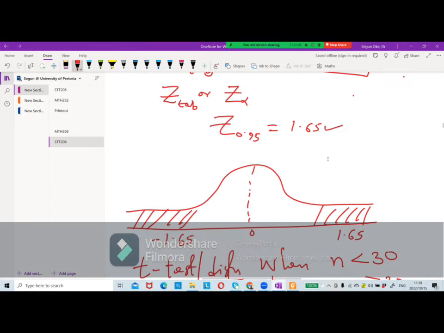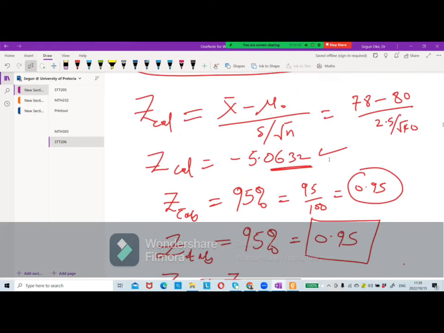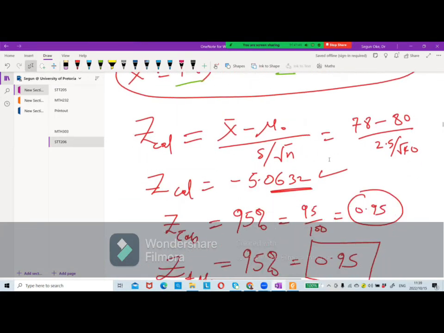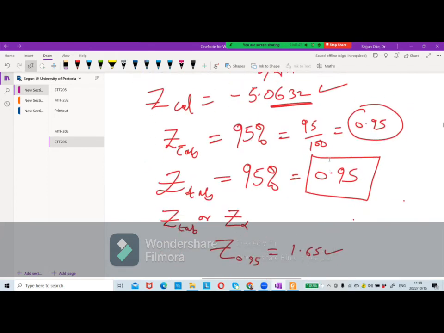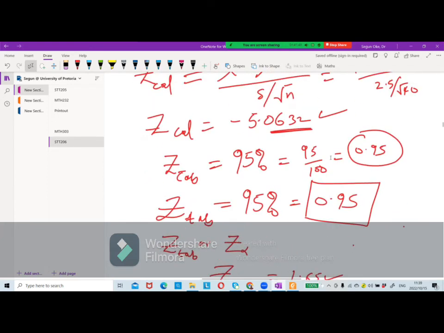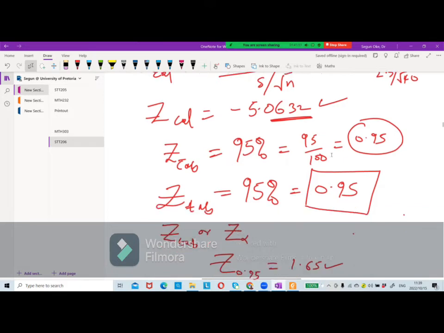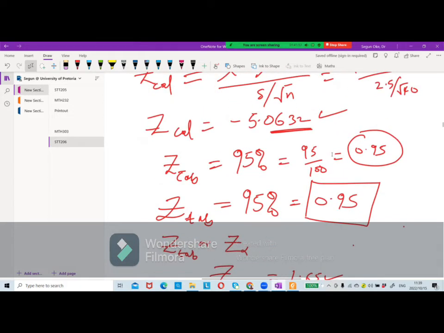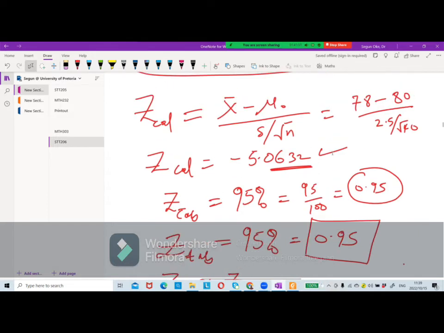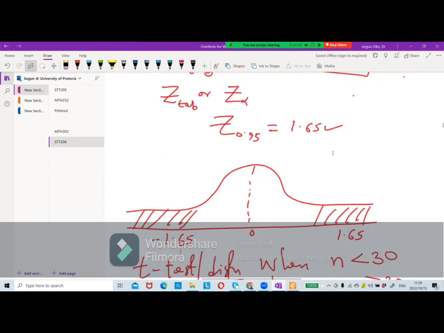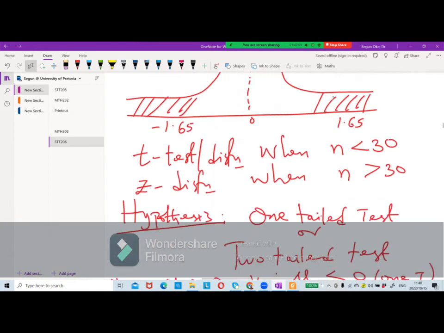But don't forget, what is the value of Z calculated? Somebody should call it for us. 5.06. Really? Minus 5.06. You see the negative. That is why I said you should call it. Is what? Minus 5.0632.